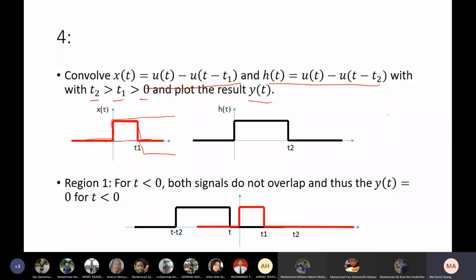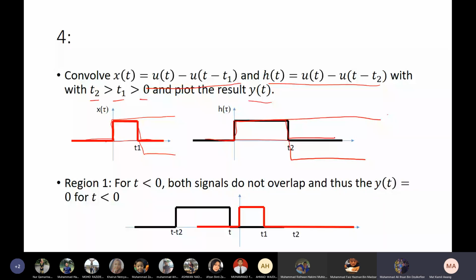For h of t, u of t is actually this function, and minus u of t minus t2 is this function. So when you add these two, you get this.